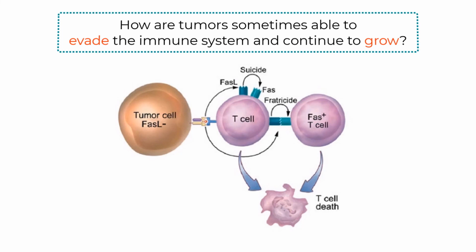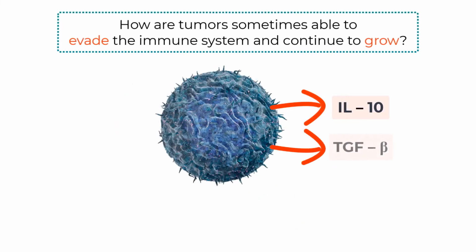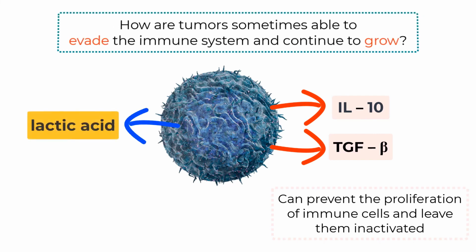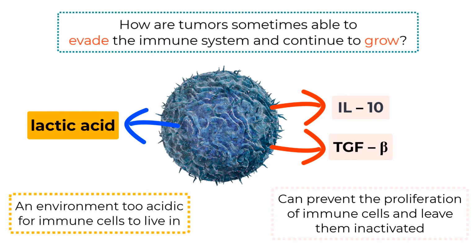Additionally, tumors can secrete immunosuppressive cytokines such as interleukin-10 or IL-10 or transforming growth factor beta, TGF-beta, which can prevent the proliferation of immune cells and leave them inactivated. Lastly, tumors can produce large amounts of lactic acid, resulting in an environment too acidic for immune cells to live in. Thus, sometimes the immune system is unable to rid the body of cancer.